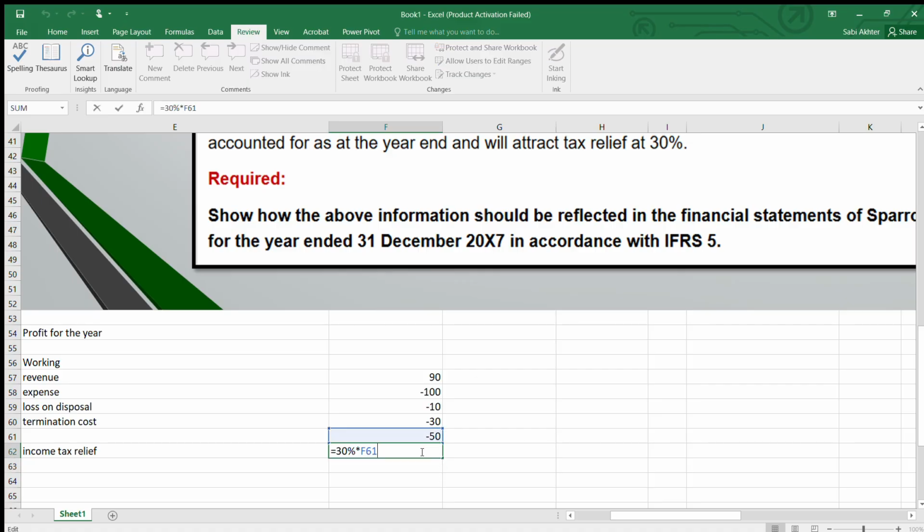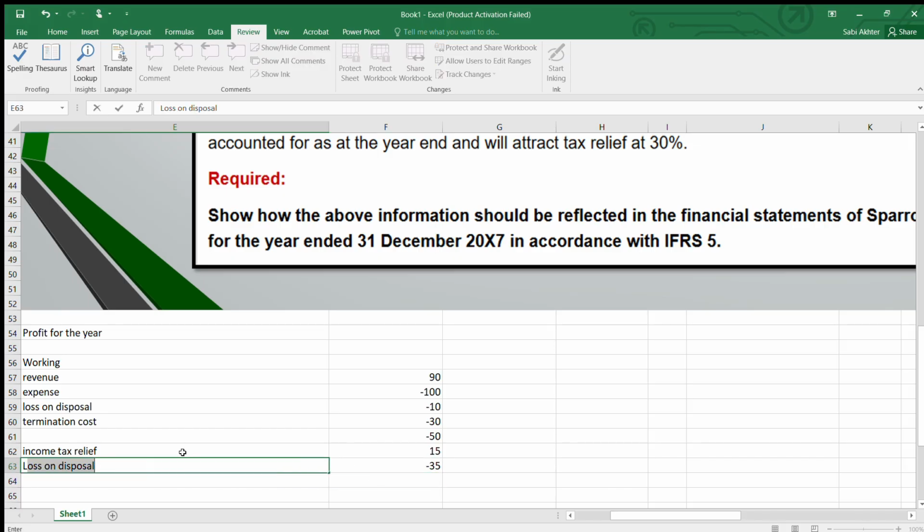So it's an income tax relief. It would be added. So we'll be using the sum function. With the income tax relief, this is the loss. So this is the overall loss from discontinued operation.